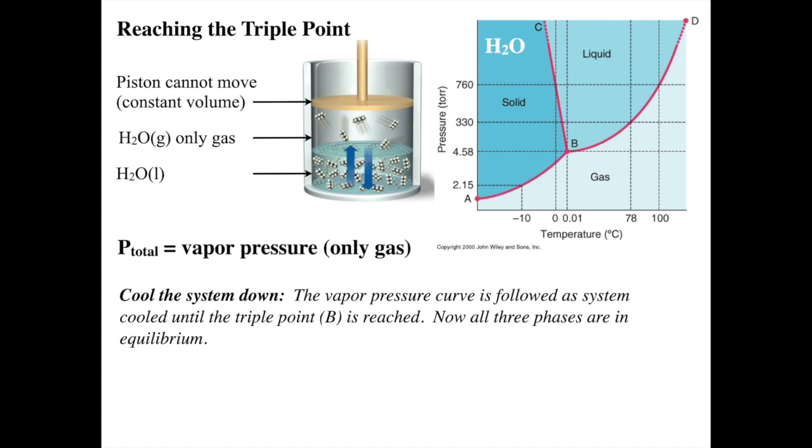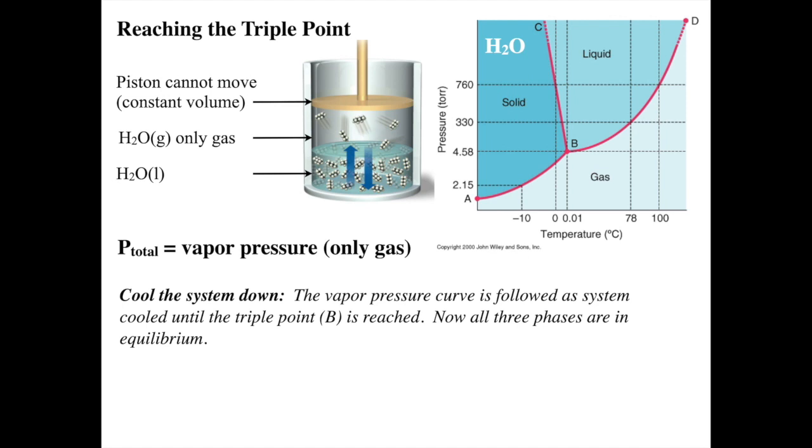The triple point is difficult to reach unless you know how to do it. And think back to our discussion we just had about the dual role of the y-axis, pressure, and what that means.